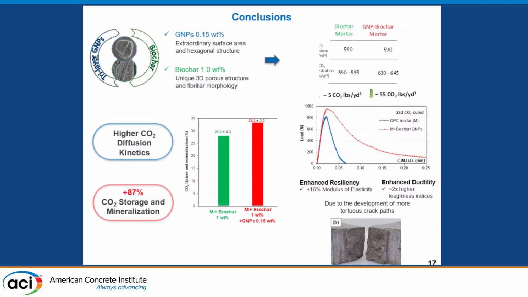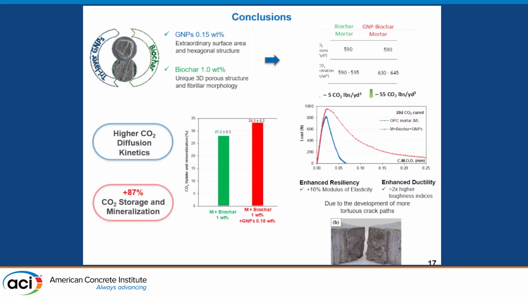So obviously we can have an engineered matrix that will exhibit higher CO2 diffusion kinetics, which is what we targeted in the beginning, and manage to increase the CO2 storage and mineralization by about 90%, which is something that we were not even expecting in the beginning, and create what we call a carbon negative concrete.